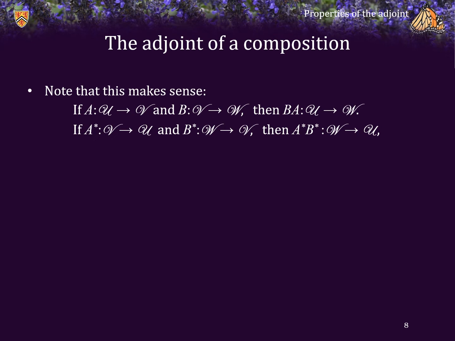B star, or the adjoint of B, must map W onto V. Therefore, there is a linear map A star B star that maps W onto U. However, from the first, we also see that the adjoint of BA must also map W onto U. So whereas the previous proof demonstrated that these were equal, here we're just observing that at least the vector spaces which are being mapped to each other are indeed consistent with what the theorem claims.